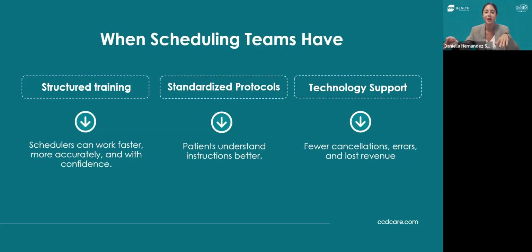fewer repeated calls. So when we combine precision training, AI workflow guidance for schedulers, and AI enabling communication clarity, you create a scheduling environment where teams can move efficiently while still maintaining high levels of accuracy, quality, and patient understanding.